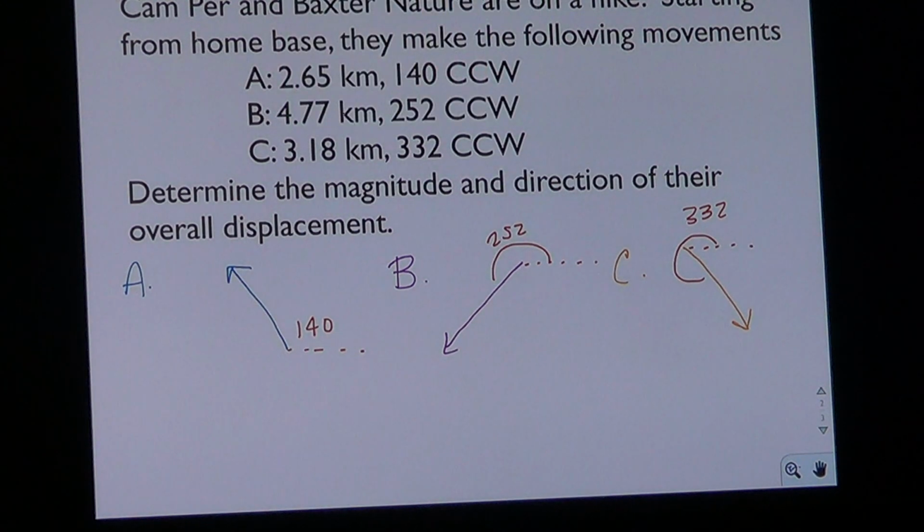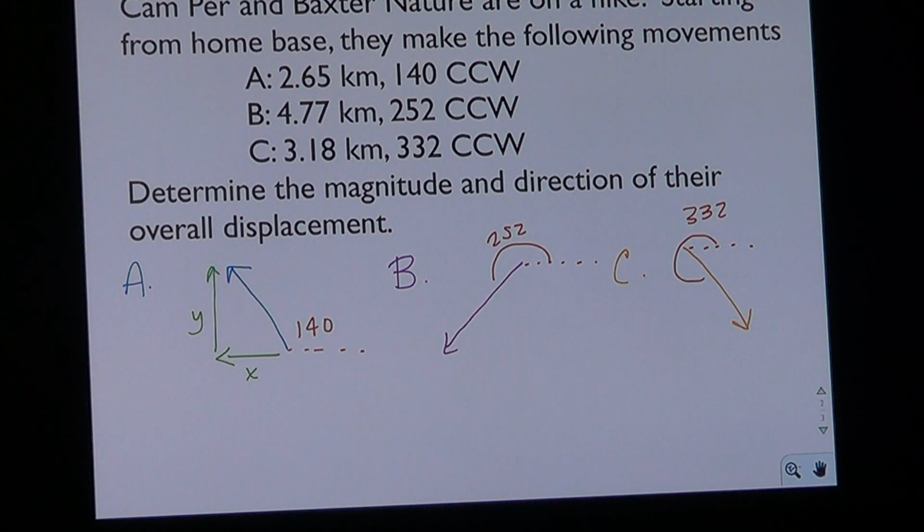Okay, so then we need to find the components. So in A, what two directions are the components going to be going? The X and Y components will be going which directions? North and west. Good. So we'll have an X component this way and a Y component this way.